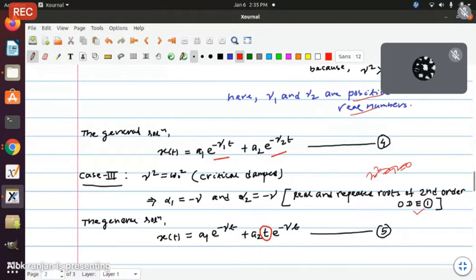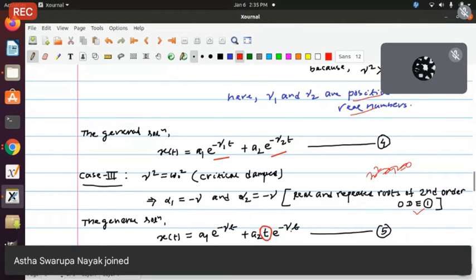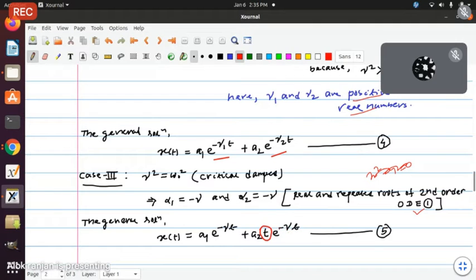Then for a second order ordinary differential equation with real and repeated roots, the general solution will be like this: A1 e to the power minus gamma t plus, in the second term, a time dependent factor should be added along with the exponential. This is the standard procedure. Those who know, no problem. Those who do not know, you should ask your math teacher why the solution is like this.